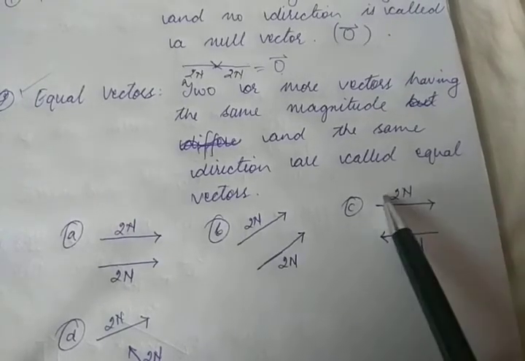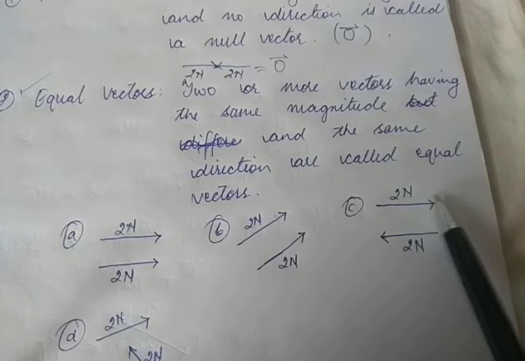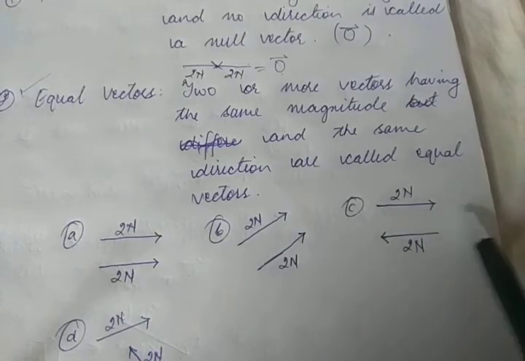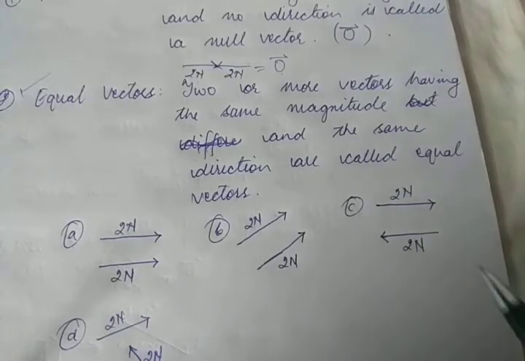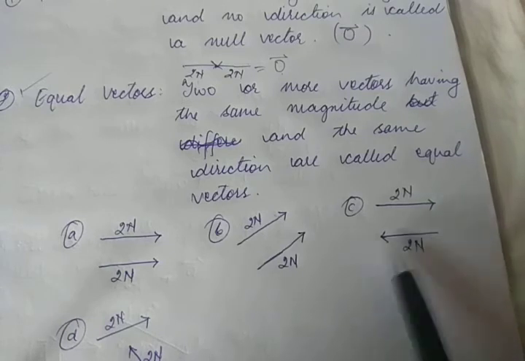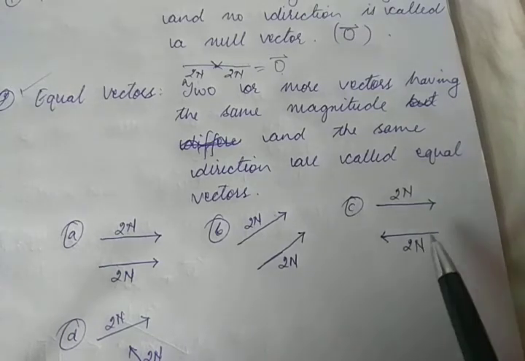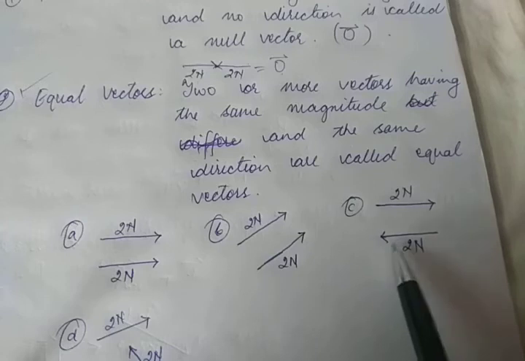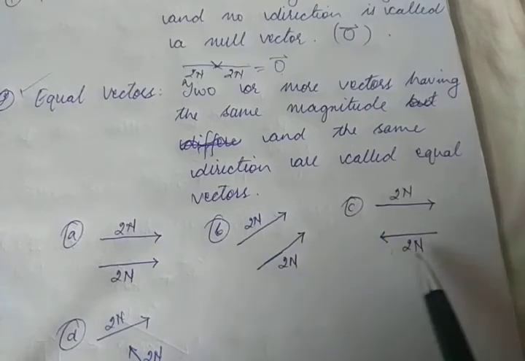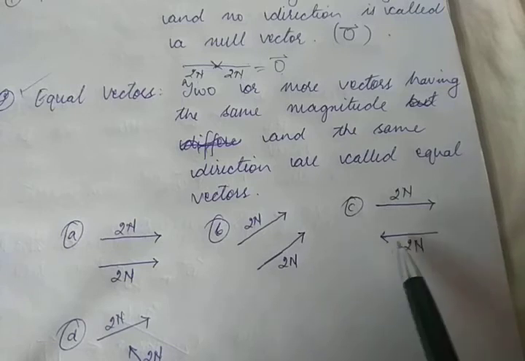This vector has magnitude 2 Newton and is directed towards my right hand side. Although you can't see my right hand, anyway. This vector here is again 2 Newton but directed towards the left.